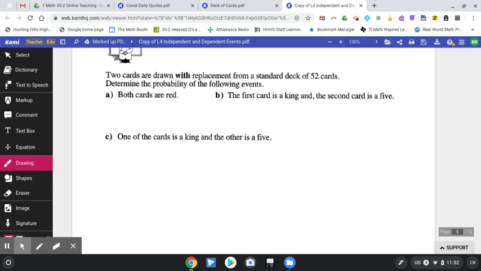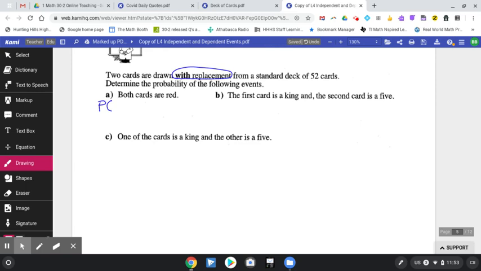So for example 3, 2 cards are drawn, this time with replacement. Determine the probability of the following events. So for A, both cards are red. Still really important that we treat this like 2 different events.